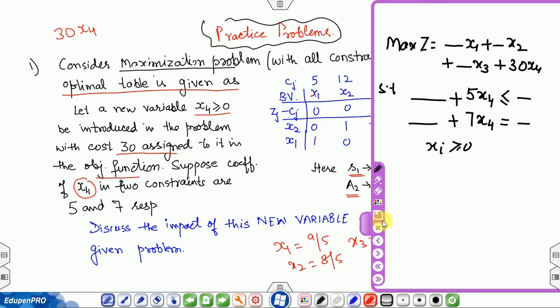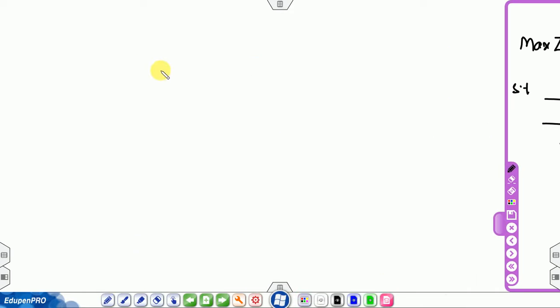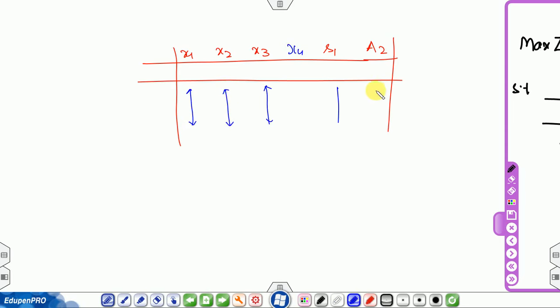So construct this table with x1, x2, x3. This is already given to you, and you have to add the new variable x4 here. All these values are previously known to you, and the solution is also known. But the thing is how to find x4.